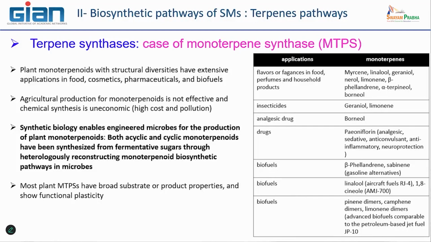There is also another example I just want to highlight with you in the case of monoterpene synthase. These enzymes are very important because they are the starting point to produce several types of monoterpenes that are of first importance in several industrial domains for us, such as perfume, food, fragrance, and cosmetics, but also lots of them, like geraniol and limonene, are used as insecticide because they repel insects.